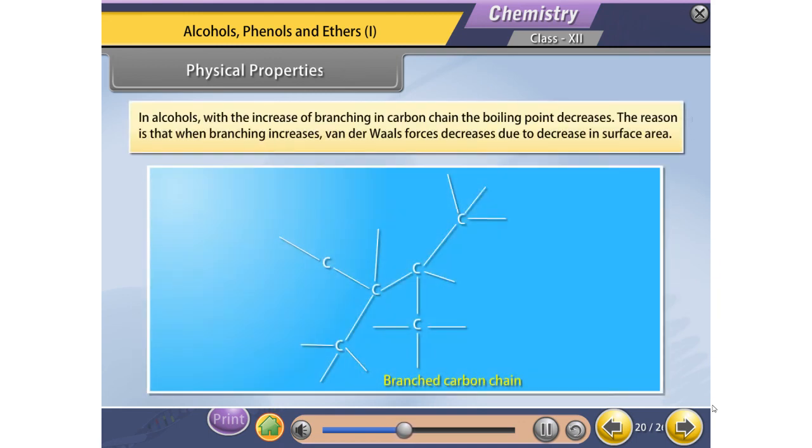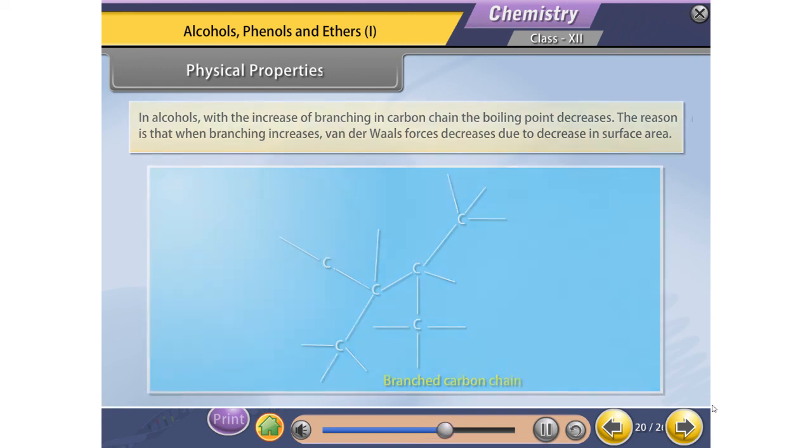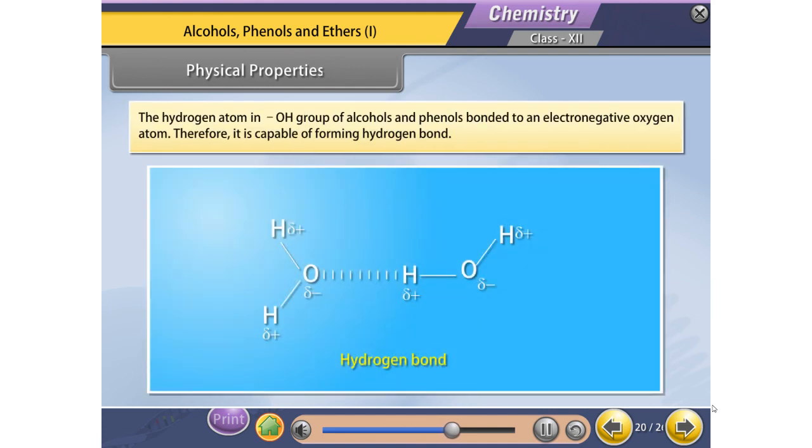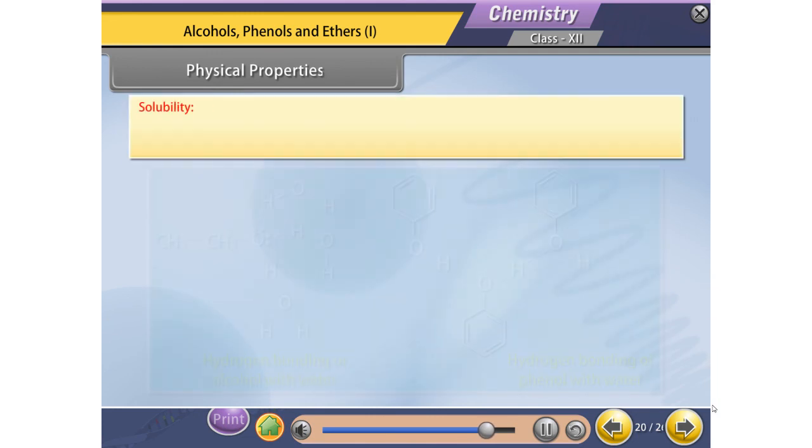In alcohols, with the increase of branching in the carbon chain, the boiling point decreases because van der Waals force decreases due to decrease in surface area. The hydrogen atom in the OH group is bonded to an electronegative oxygen atom, so it is capable of forming hydrogen bonds.